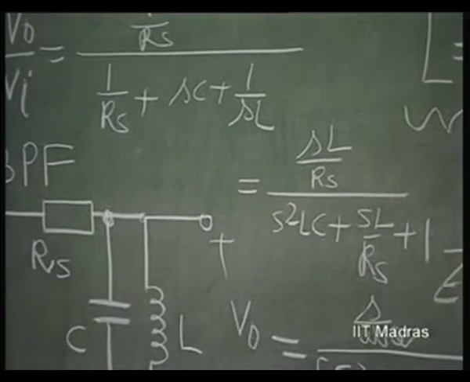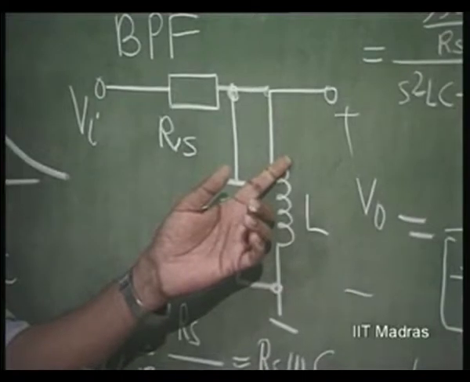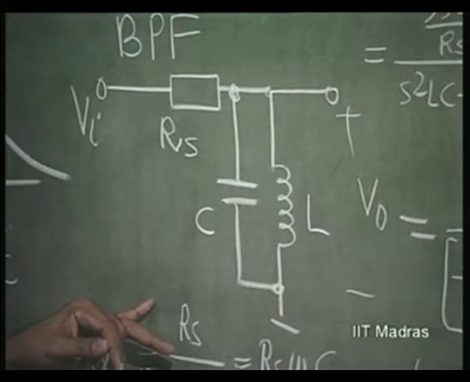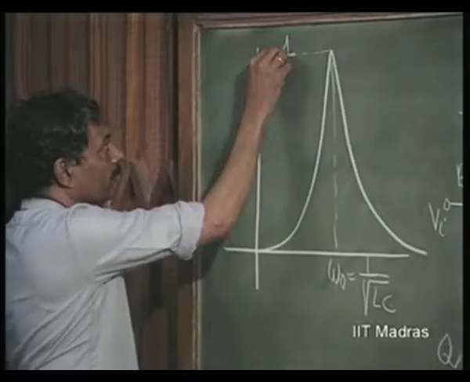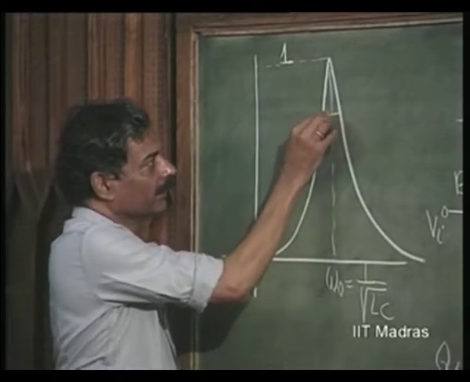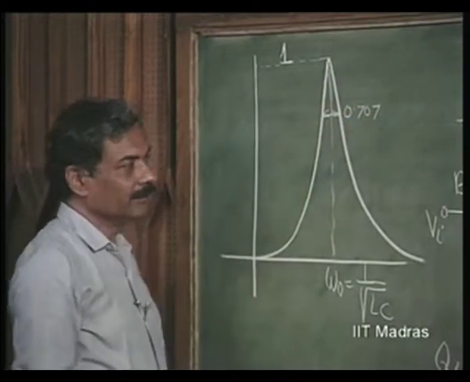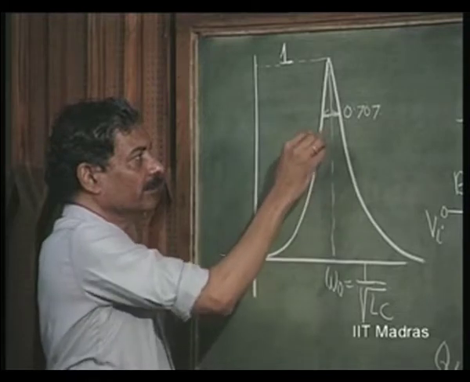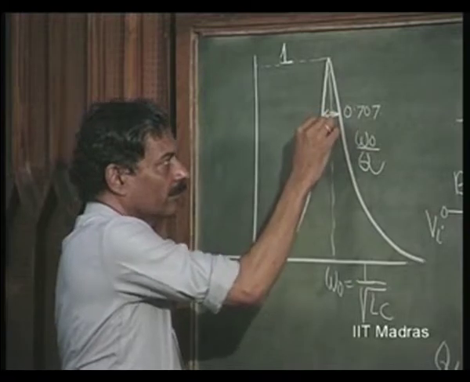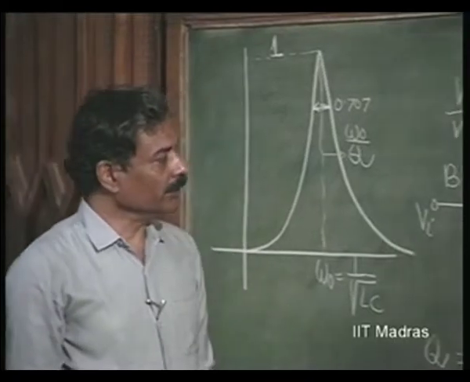So, at resonance this particular thing becomes infinite, resistance, and output will be equal to input. So, this is unity, and the bandwidth is obviously at the 0.707 value. This bandwidth corresponds to omega naught divided by Q by definition. All these things are known to you from your networks course.